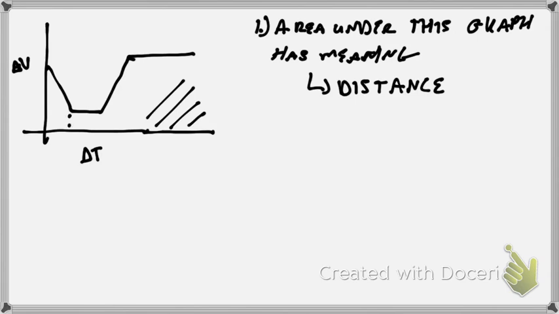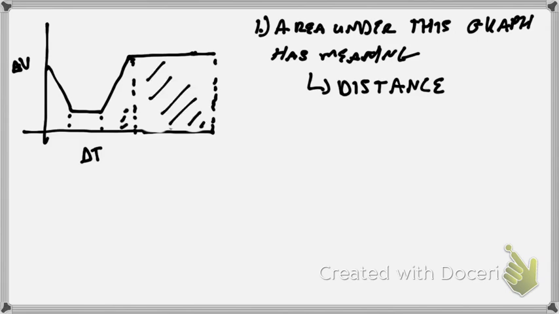The way you solve it will be like that. You're going to find the area here, find the area here, find the area here, find the area here, and you add all those up, and you would get the distance.